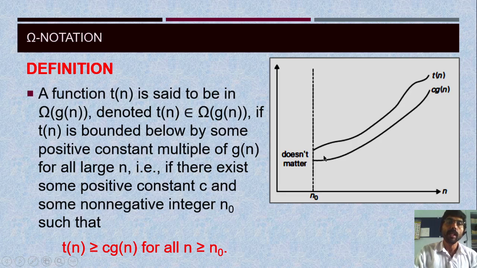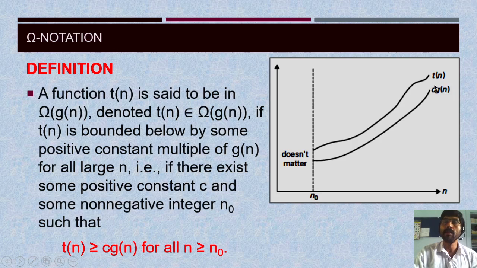That is, if there exist some positive constant c and some non-negative integer n naught, such that T of n, meaning our algorithm, is always greater than c into g of n.